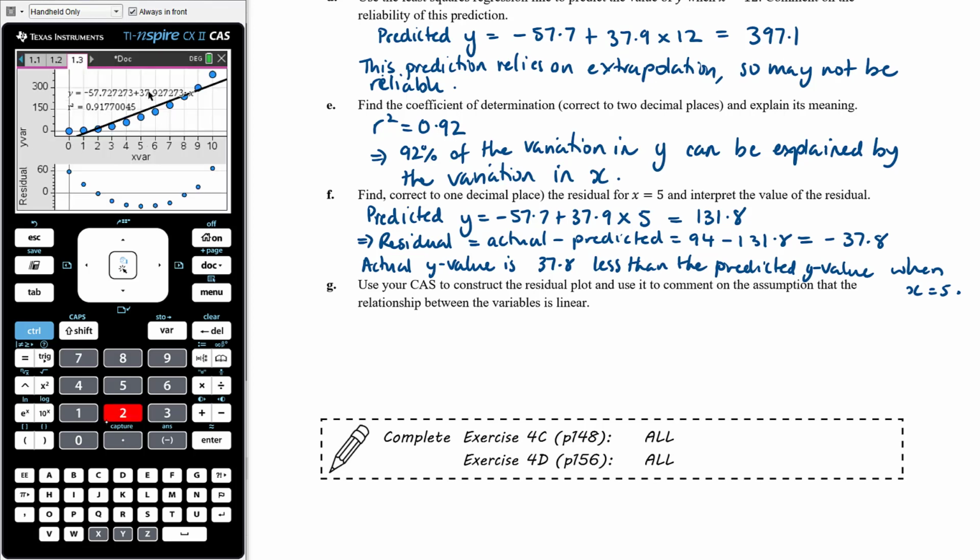And we can see very clearly here that we have a clear pattern in the residual plot, and therefore the assumption of linearity wasn't a good thing. We shouldn't have assumed that a linear model was a good model. So use it to comment on the assumption.